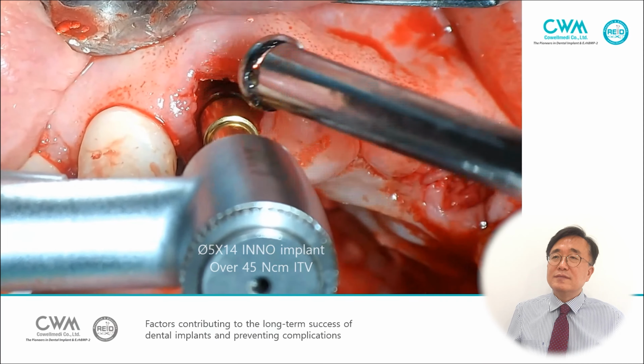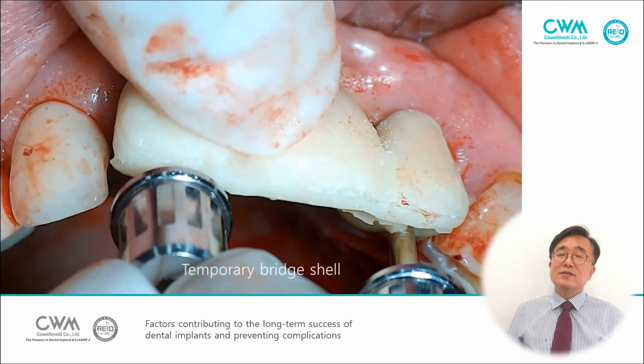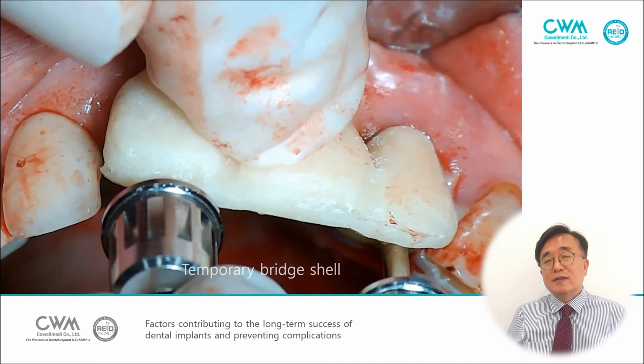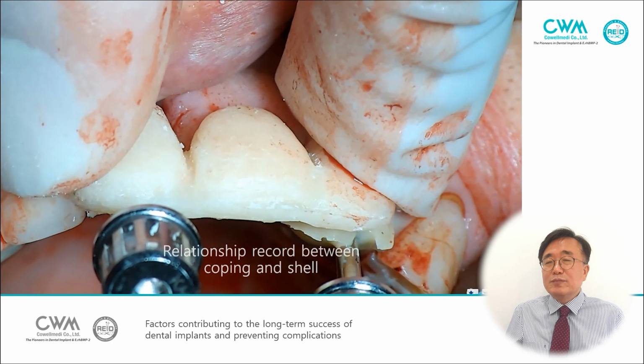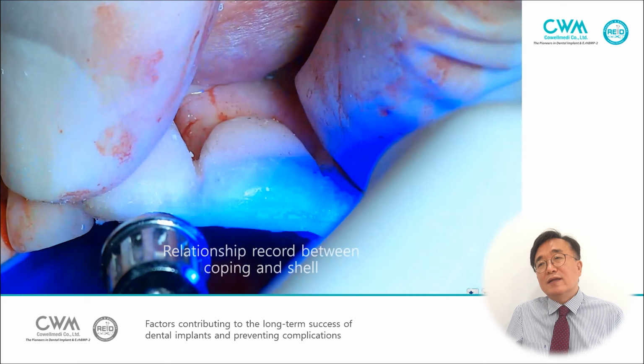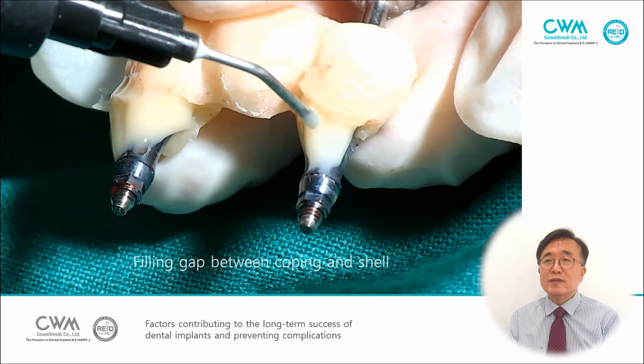Provisional bridge. I use a diameter 5 mm implant, so the 2 implants and bridge are safe. And the temporary bridge itself is attached on the impression coping by light-curing resin, and the gingival line is peeled and removed.